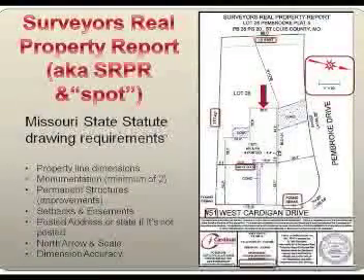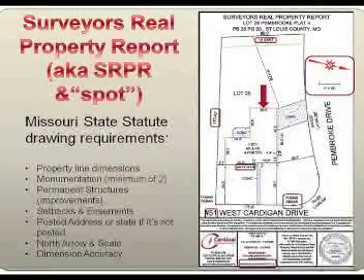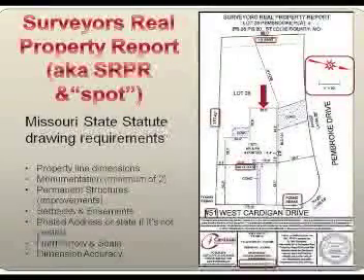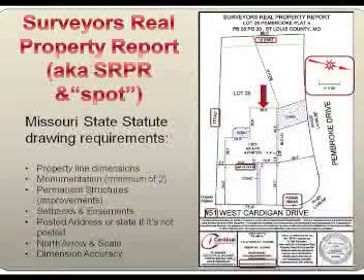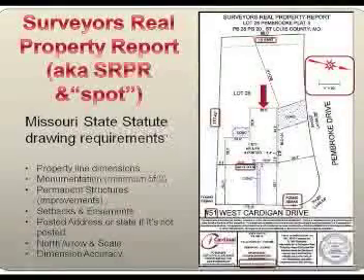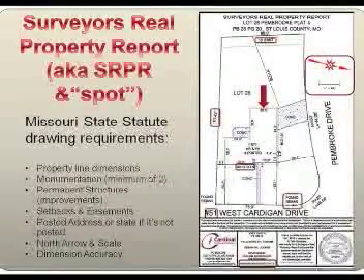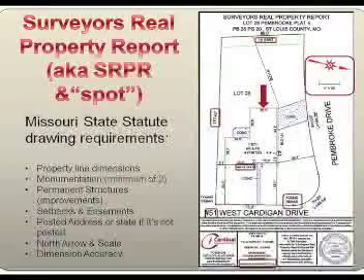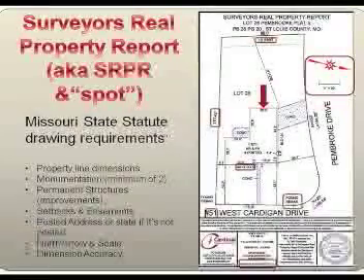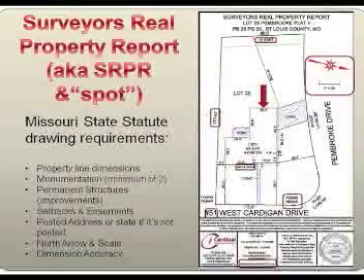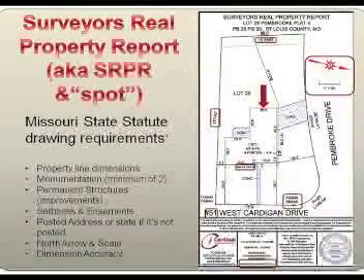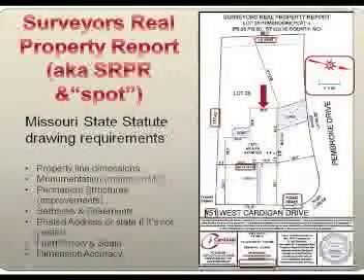And then the biggest other thing that you should look for on this sheet is the dimensional accuracy. Ours happens to be in a little note right down here at the bottom. Because on a surveyor's real property report, we are not verifying the property corners to be correct. There's going to be error between those monuments. In this example that I have right above West Cardigan, there's a 75-foot number.